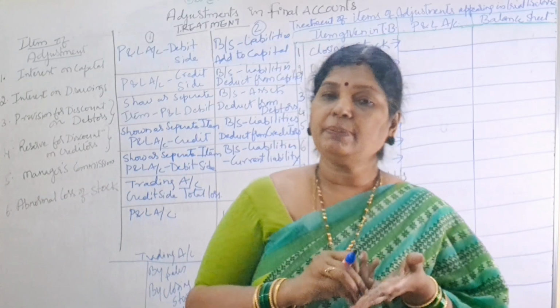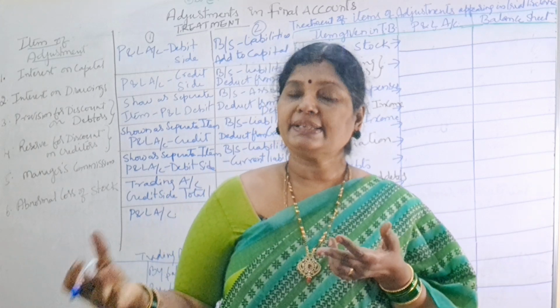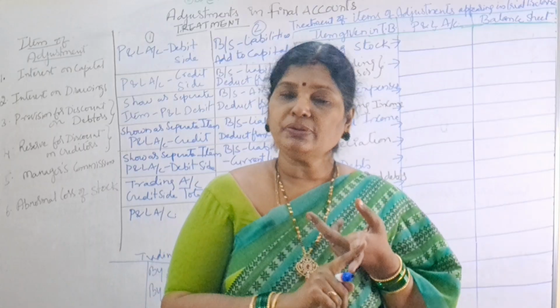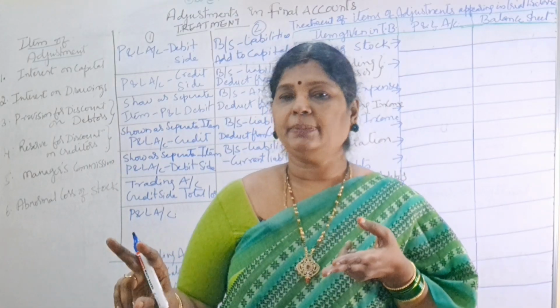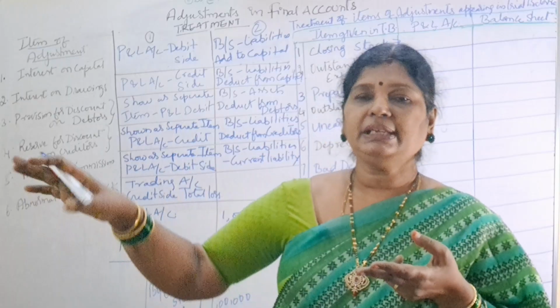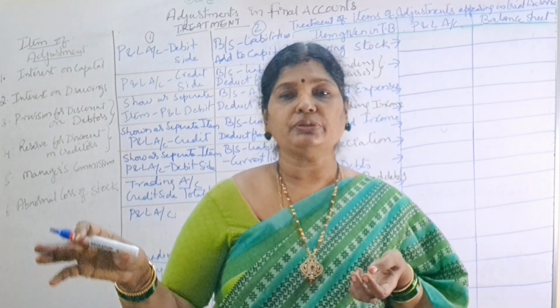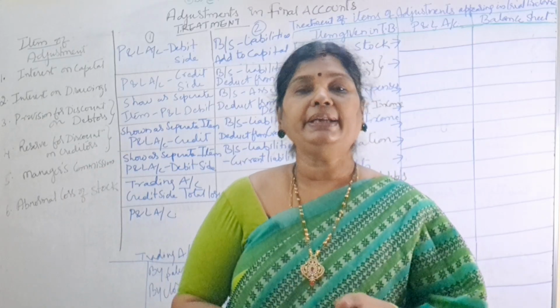So whether it is abnormal loss, whether the loss occurred through accident or fire, whatever it is, we have to show it, because either we have to sell that or we have to show it as closing stock. These two things have not happened, because we have already shown as sales whatever we have sold, and as closing stock whatever is remaining. Then what about this loss? This also we have to show in the trading account.